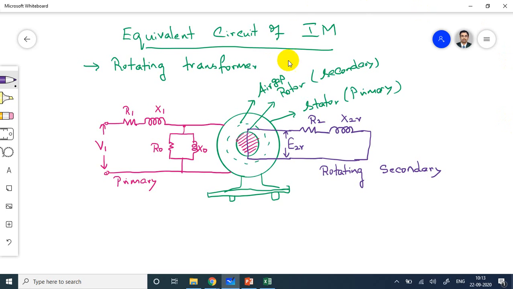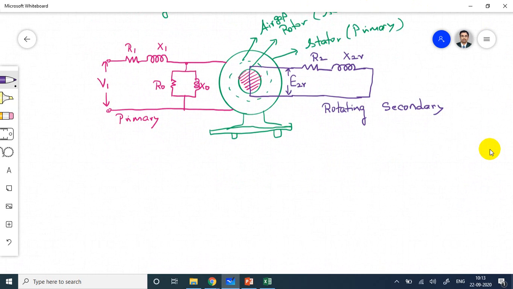Now the symbols. I will mention the symbols.